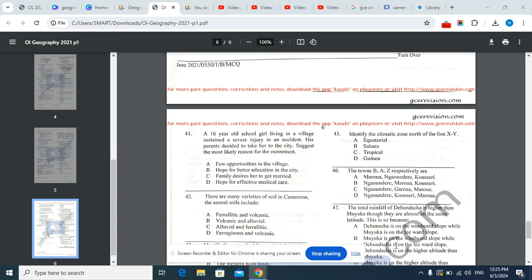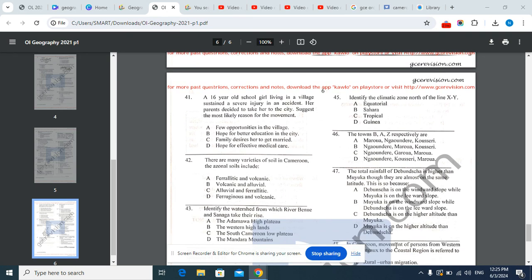The answer is C. Question 46. The towns B, A, and Z respectively are. The answer is D.